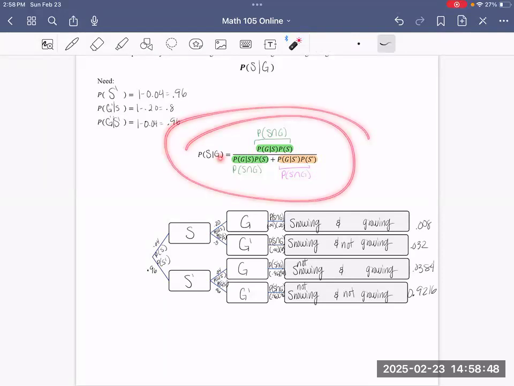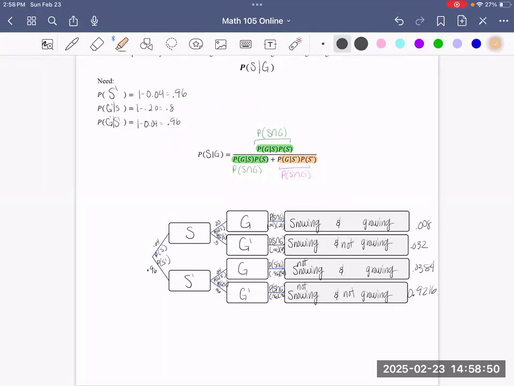Now, in the end, when we want to figure out your Bayes' theorem, we want to know, okay, your glaciers are growing. So that would be right here. And then these other instances when your glacier is growing. So we have 0.008 over 0.008 plus 0.0384.